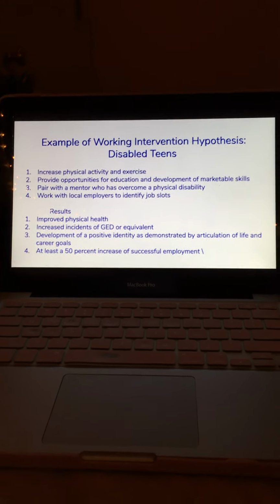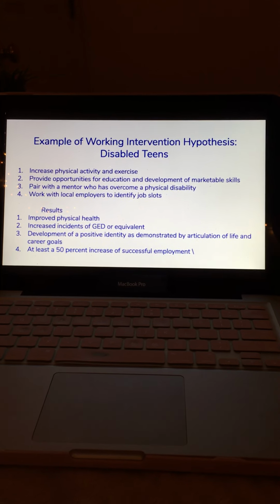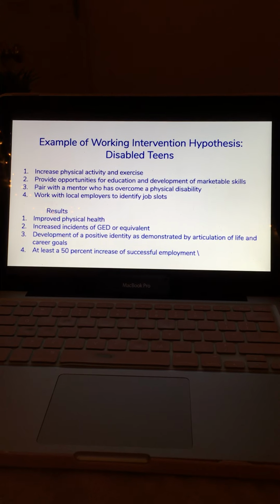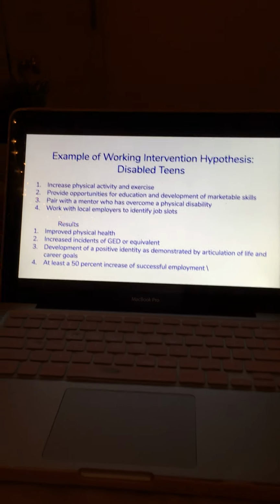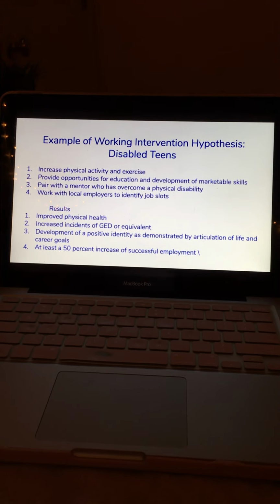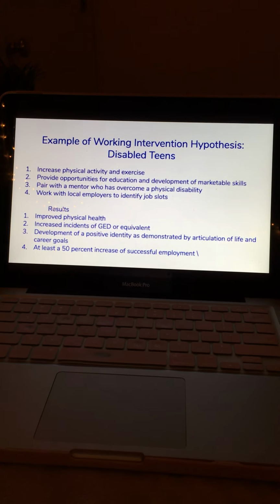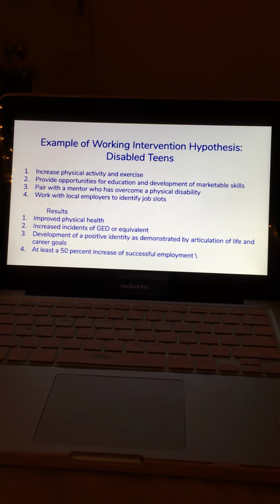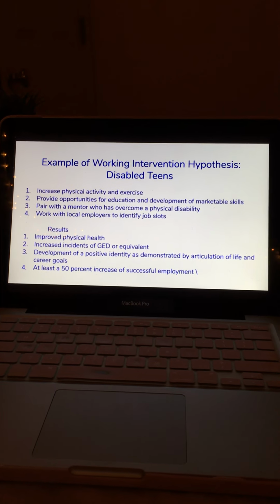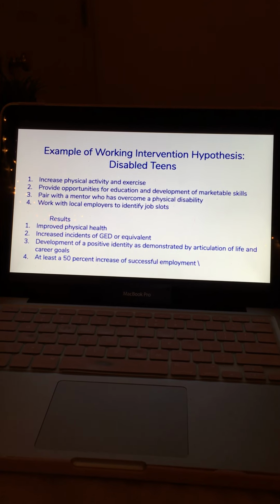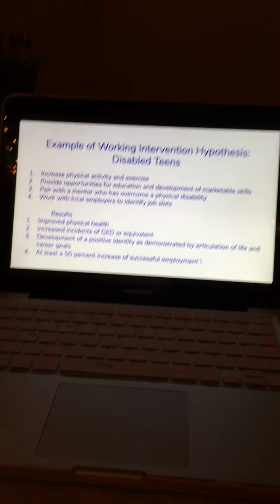This is an example from our book about disabled teens, for the working intervention hypothesis. One was to increase physical activity and exercise for disabled teens, provide opportunities for education and development of marketable skills, pair with a mentor who has overcome a physical disability, and work with local employers to identify job slots.